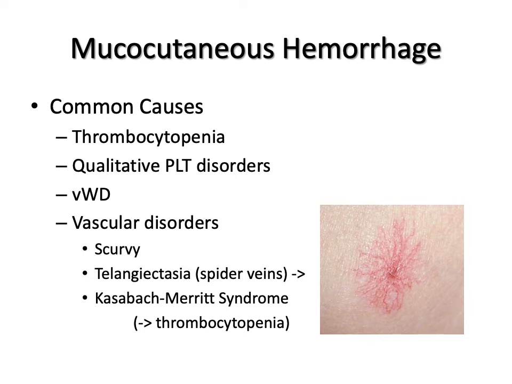Common causes of mucocutaneous bleeding include thrombocytopenia, qualitative platelet disorders, von Willebrand disease, and vascular disorders.